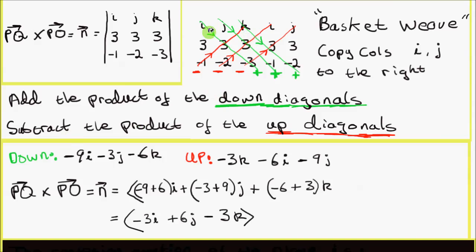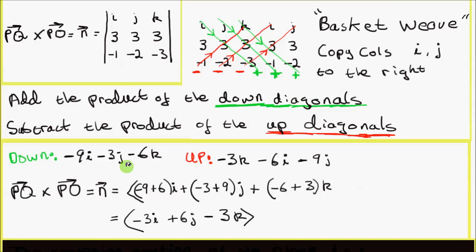The down diagonals, as in green here: i times 3 times minus 3 gives me minus 9i. j times 3 times minus 1 gives me minus 3j. k times 3 times minus 2 gives me minus 6k. And then on red, the up diagonals: minus 1 times 3 times k gives me minus 3k. Minus 2 times 3 times i gives me minus 6i. Minus 3 times j gives me minus 3j.